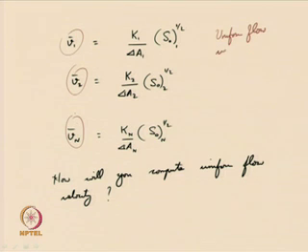So, based on that, how will you compute the uniform flow for the entire compound channel cross section?